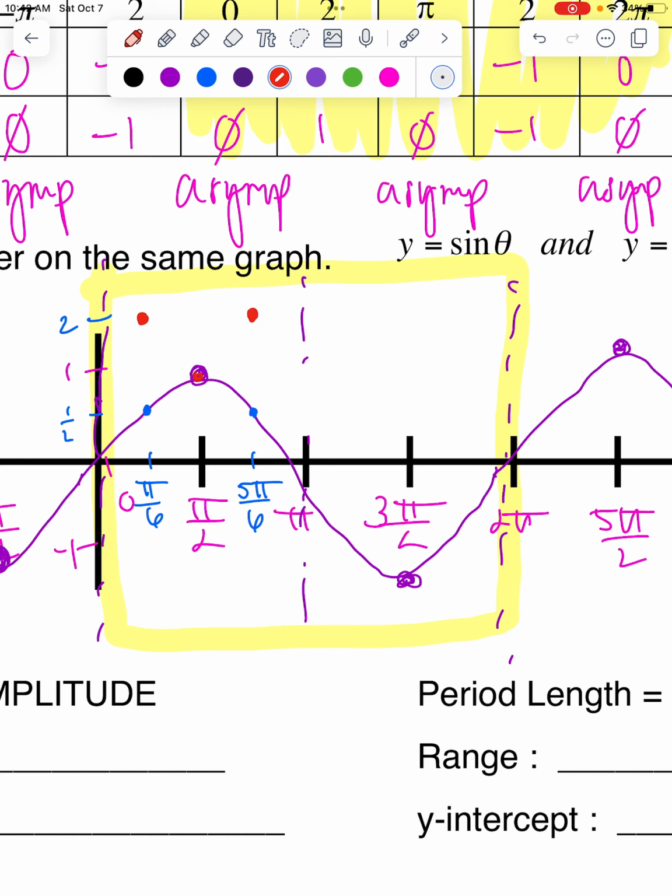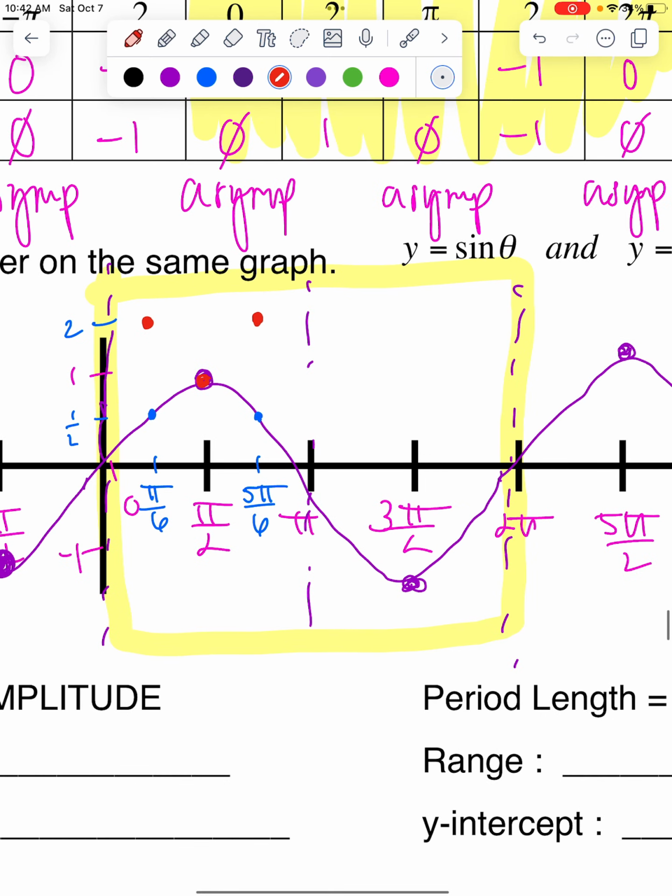And I'm also going to have this point of pi over 2 comma 1. Okay, now I have these points. I'm going to go ahead and connect them with a line creating a parabola. And I'm going to do the exact same thing down here at 3 pi over 2.